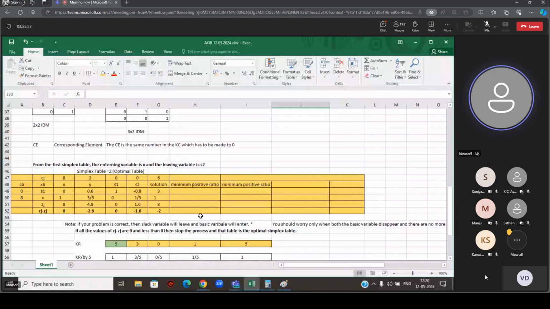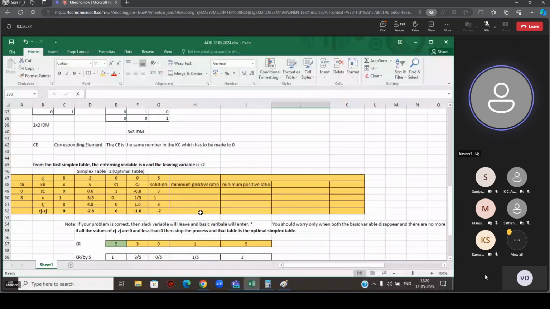Now you see here: x is 1. There is no y here. When there is no y here, what is the meaning? I told you that one variable alone is enough to optimize the problem.